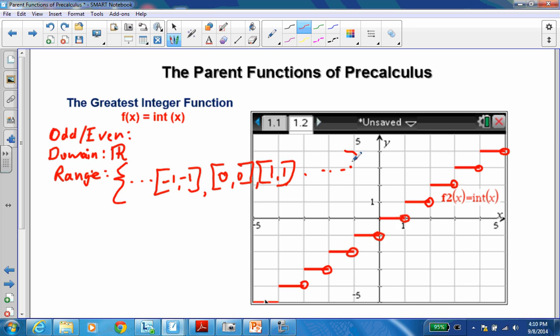So there's a pattern here. It's each integer from negative infinity to infinity. In fact, we're going to graph this on our calculator, and this is exactly what I use to put in my calculator to do this.